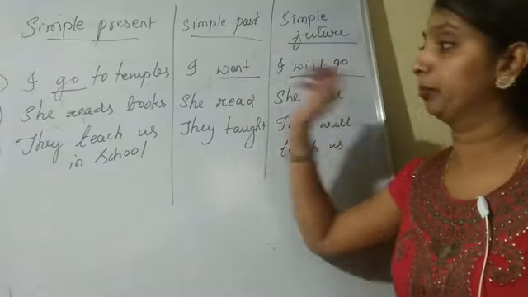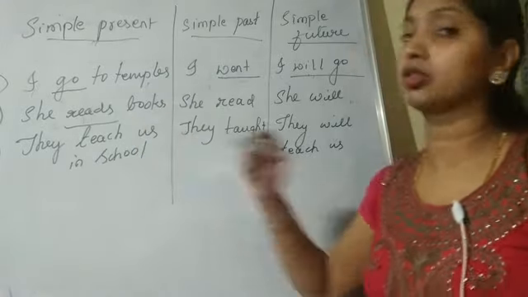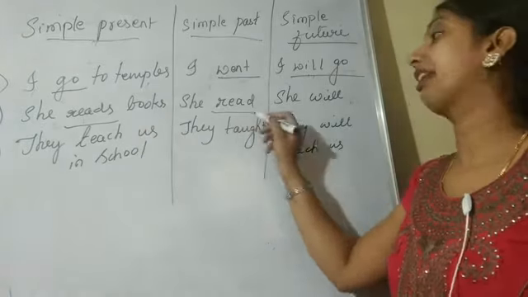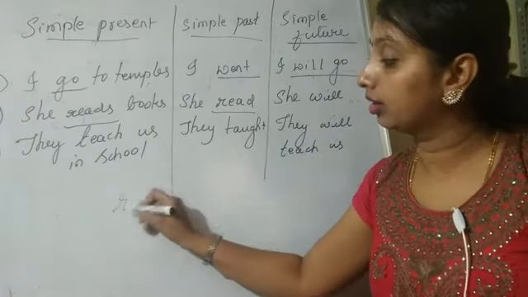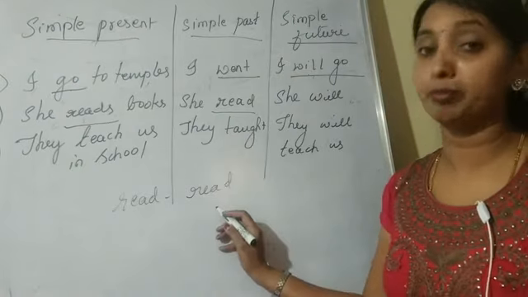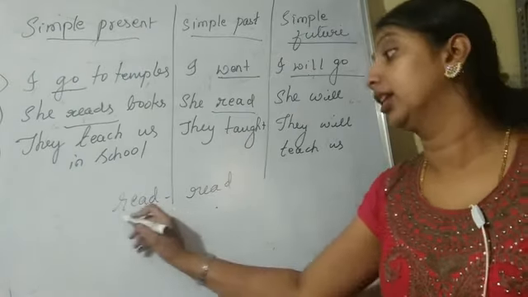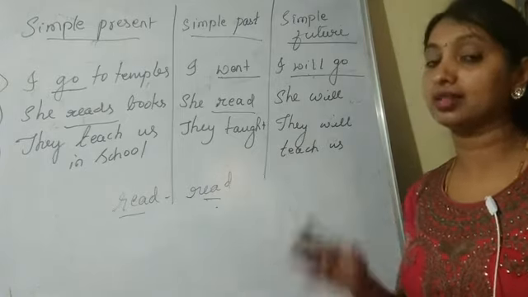It's in the same way. She reads books. So reads is showing the present time. She read books. Read is showing the past tense. See, read, read. Spelling is same, but we read it differently. In the present tense, we read it as read, and in the past tense, we read it as red.